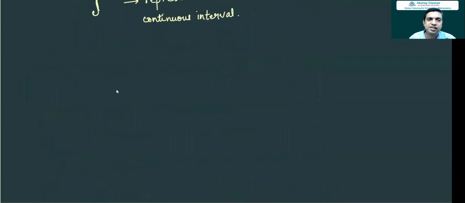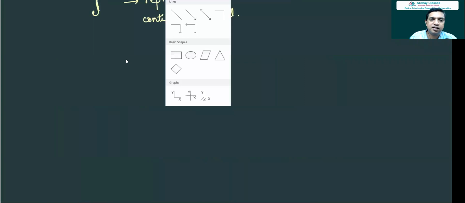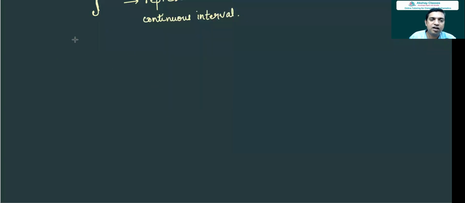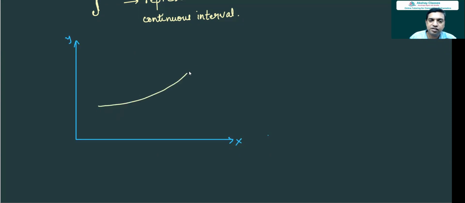Another simple way of understanding the definite integral, apart from this classical definition of lower and upper integral sums: now that we understand what an integral is, let us say this is x equal to a and this is x equal to b.